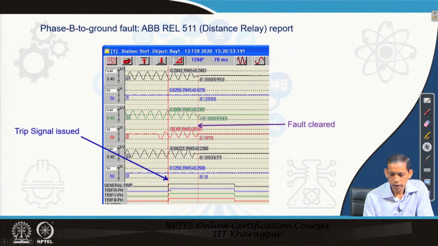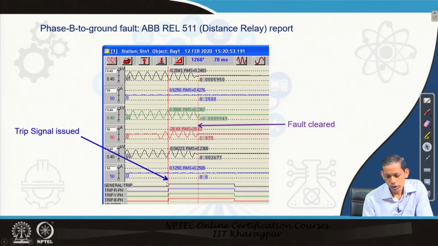Now, following the trip signal the circuit breaker starts opening and after some time it successfully intervenes the fault. You see here in phase B, where the fault current was high, it now suddenly comes out to be 0. The fault is successfully intervened. Following that you see in the phase voltages also, the voltages come out to be 0. Therefore, the circuit breaker has successfully isolated the faulted part.